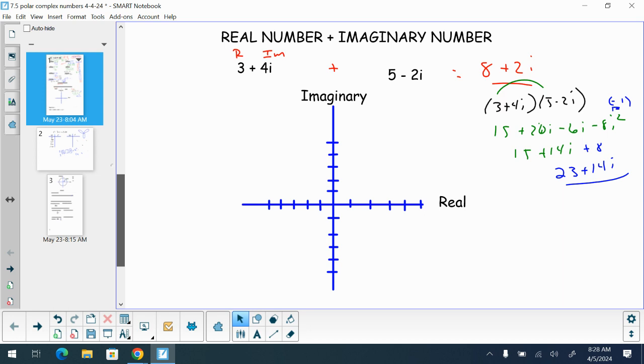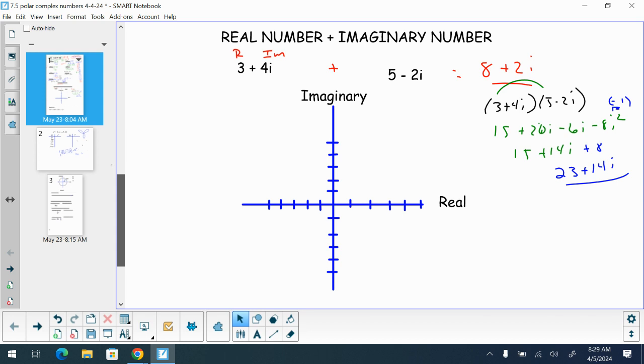When we turn this into a graph of imaginary numbers, we are typically dealing with an x-axis and a y-axis, horizontally and vertically. But when we go to graph an imaginary number, the horizontal axis is your real number part, and your vertical axis is your imaginary number part.